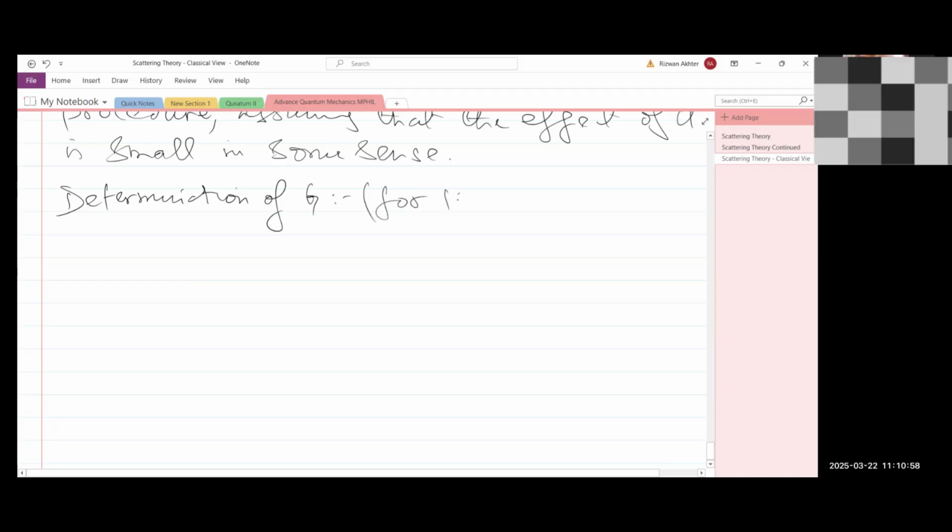For the Helmholtz equation. We would like to determine Green's function for the Helmholtz equation.